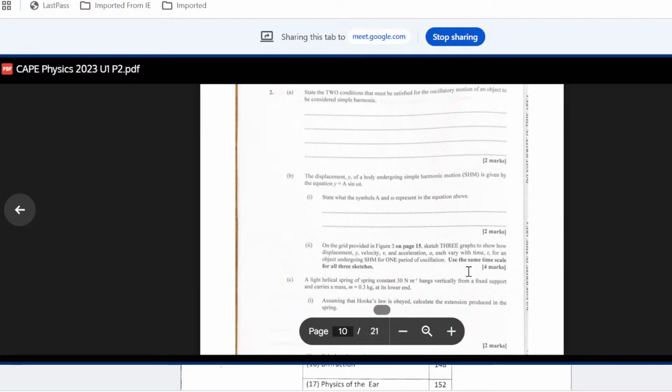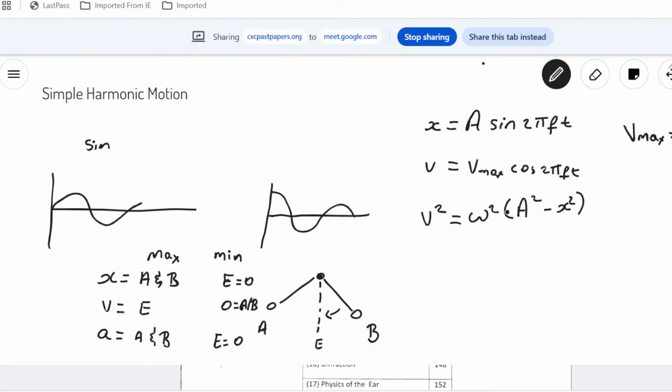Use the same time for all three sketches. So how would the sketches look? We just discussed it a while ago. The ones for displacement and acceleration should be the same because they're proportional to each other.